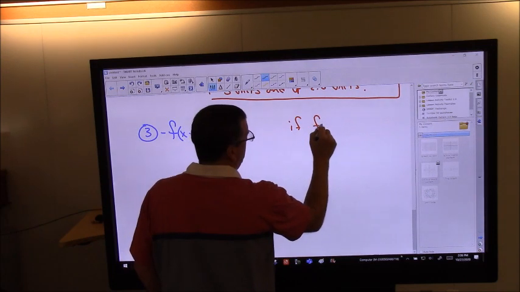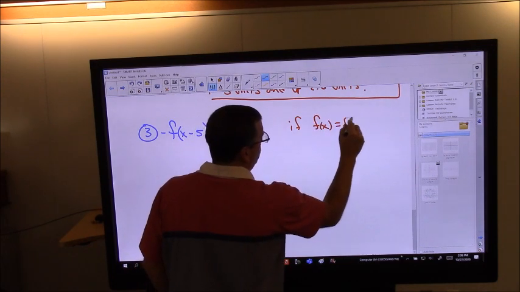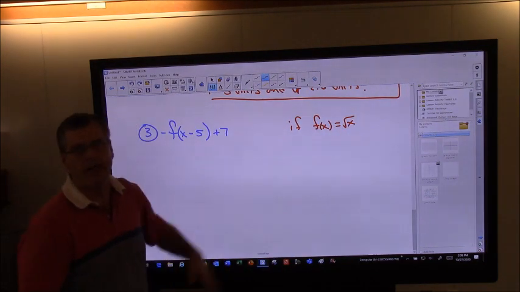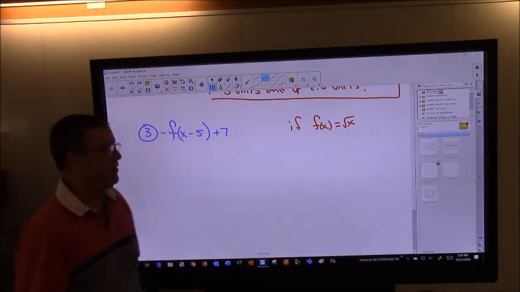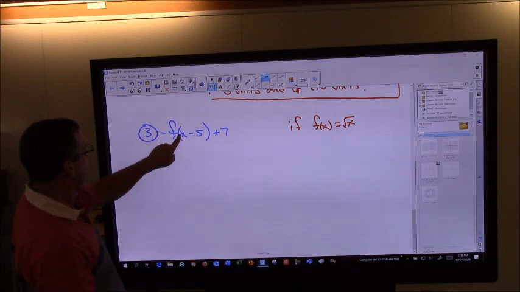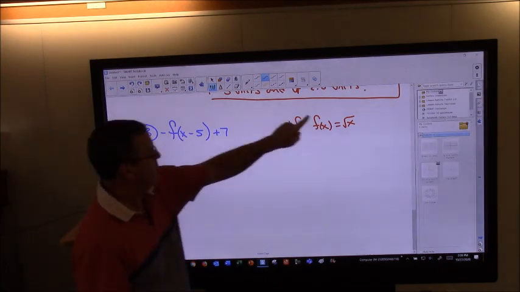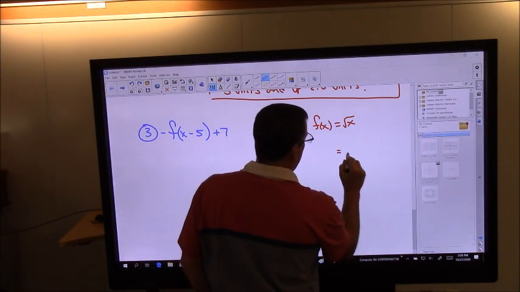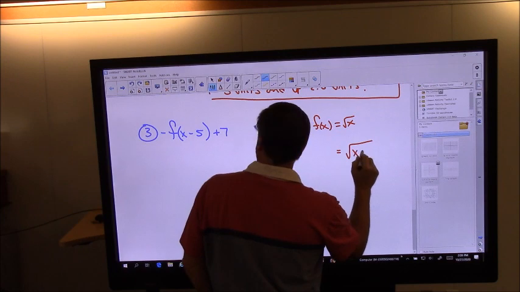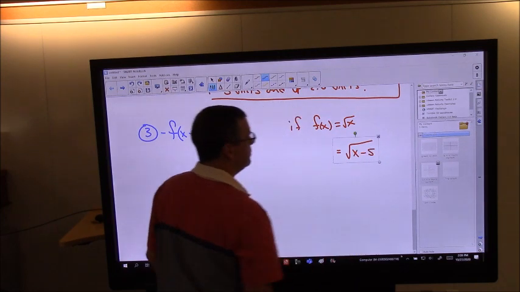If I say f of x equals the square root of x, or x squared, or 1 over x, whatever, doesn't matter. When you do f of x minus 5, it means take this and plug it in there. So now, this thing is the square root of x minus 5.